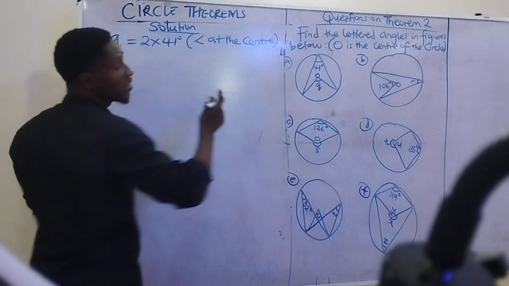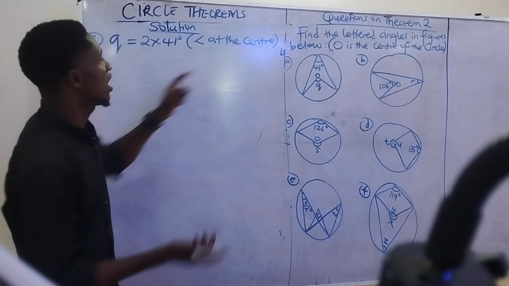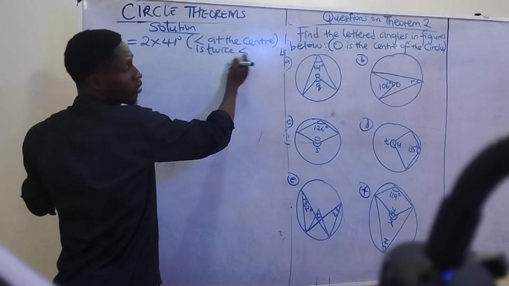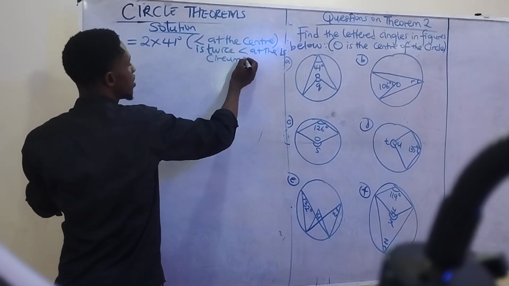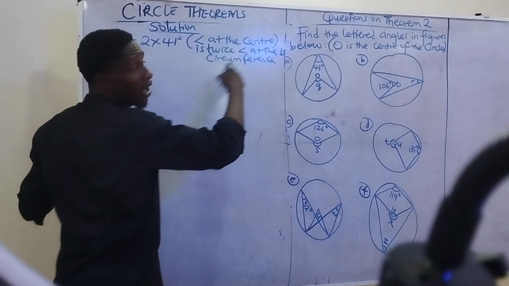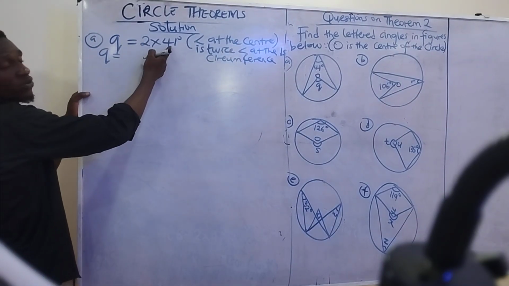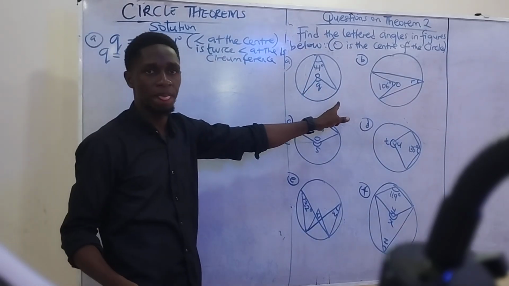So always state the reason. It's very important. So angle at the center is twice the angle at the circumference, but for our class, I'm going to shorten it to angle at the center. So we have Q is equal to 2 times 41 is 82 degrees, and that is the answer.